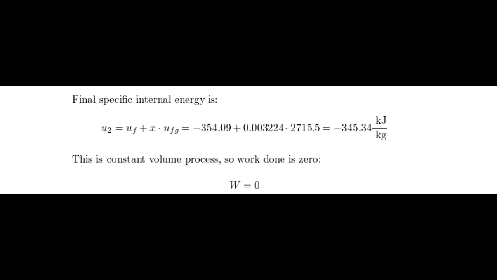So the answer is negative 345.34 kilojoules per kilogram. And let's remember that this is a constant volume process, so work done here is 0.